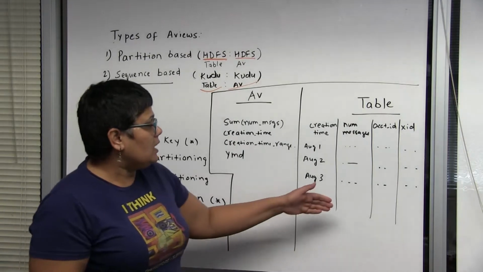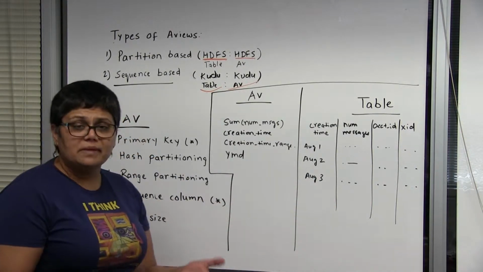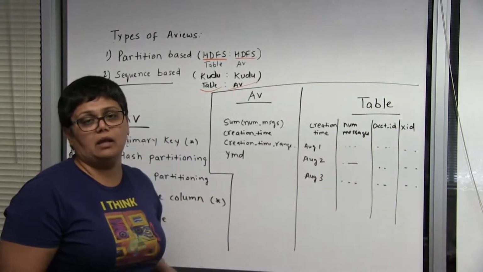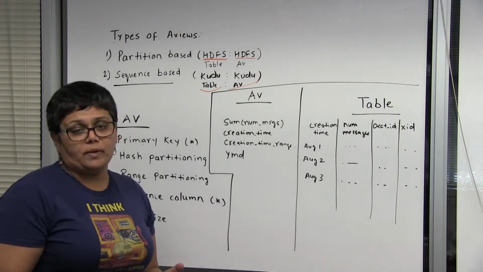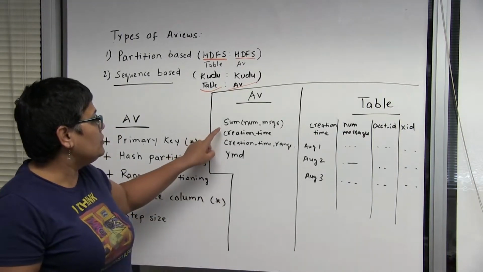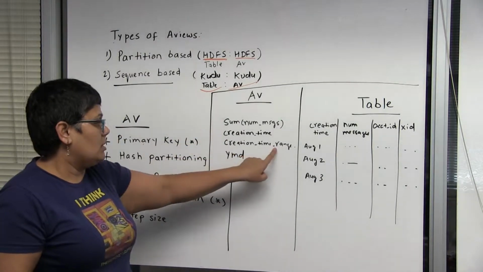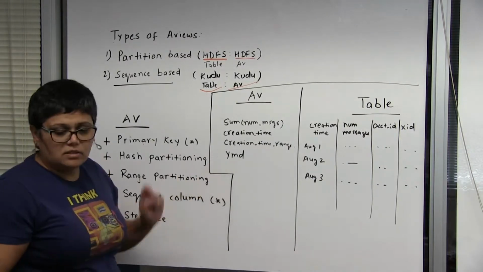A typical query against this table would be, I want to know how many messages were sent by a particular customer on a particular day. And this type of query could be optimized by creating an analytical view that computes the sum of messages for that particular day and for that customer.